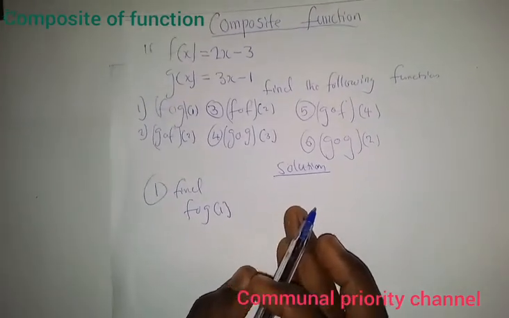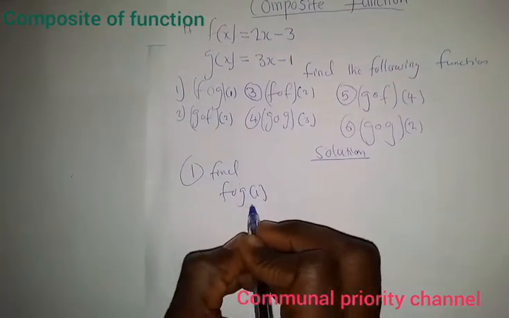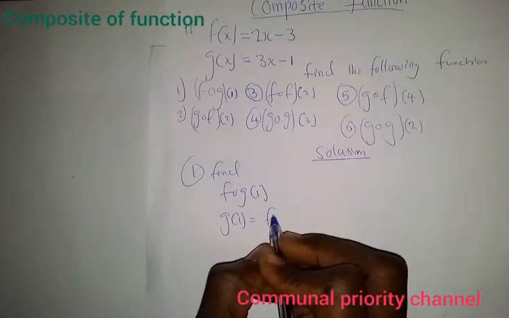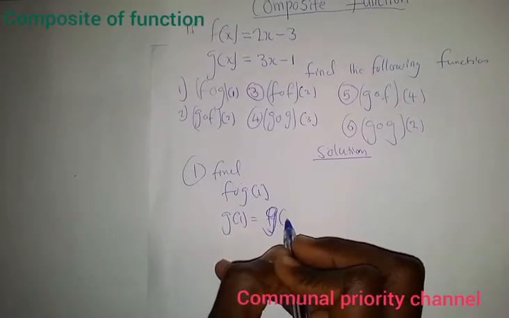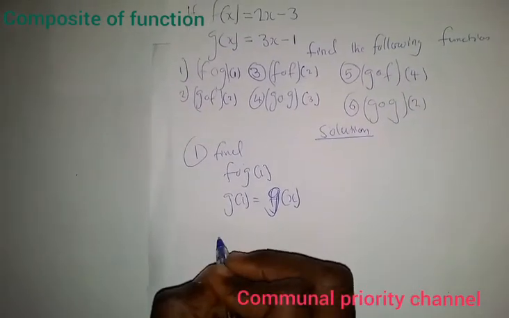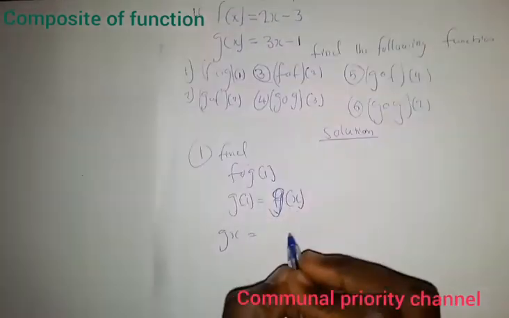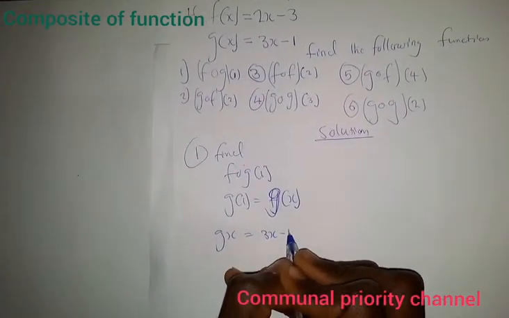For f of g of 1, first of all, we're going to calculate g of 1. And g of 1 is equal to g of x, and our g of x is equal to 3x minus 1.